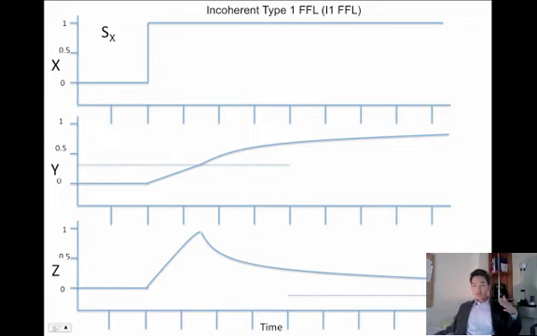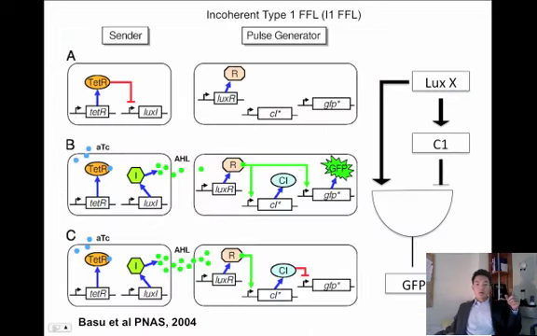This could be really helpful when you want to have a certain outburst of signal. Go and then stop, then go and stop. That could be done by this loop and it will be shown in the next example. So this is another in vivo synthetic biology example of how they've created this incoherent 1 FFL. They've just taken the LuxR gene. It's a system where if there's a signal, you'll have the GFP.